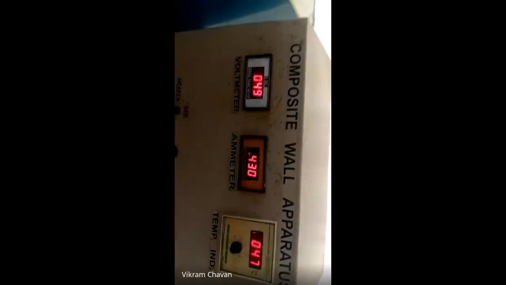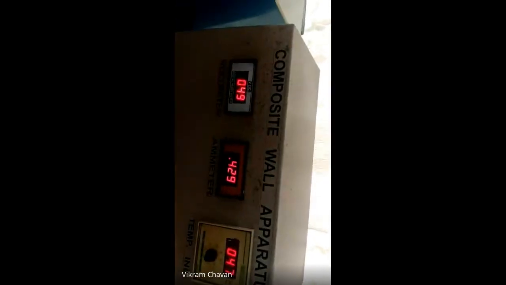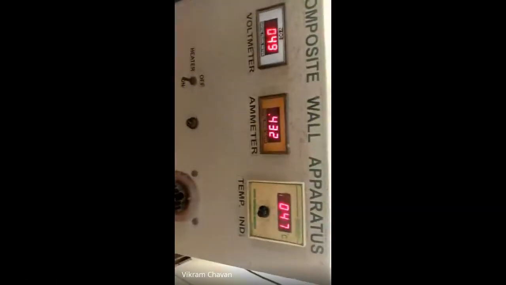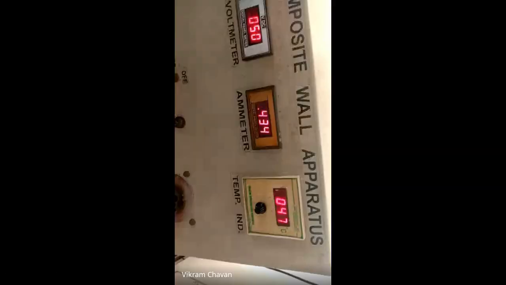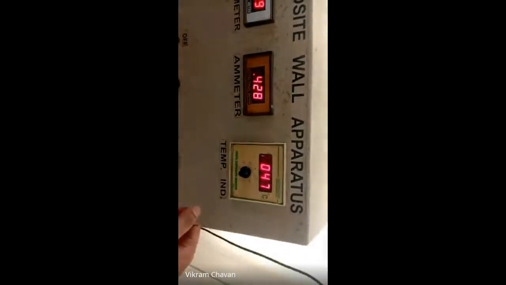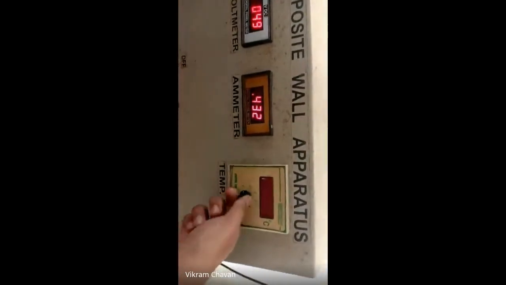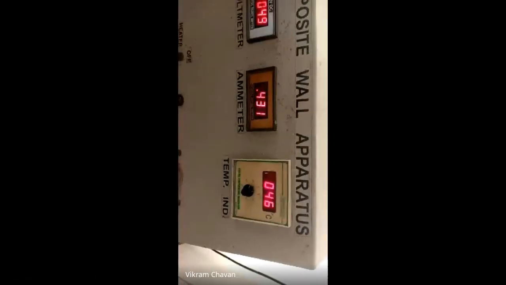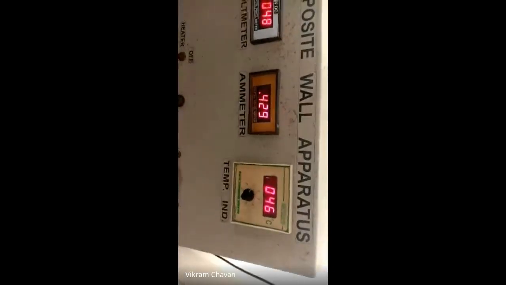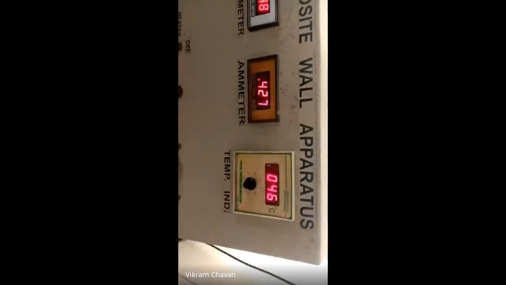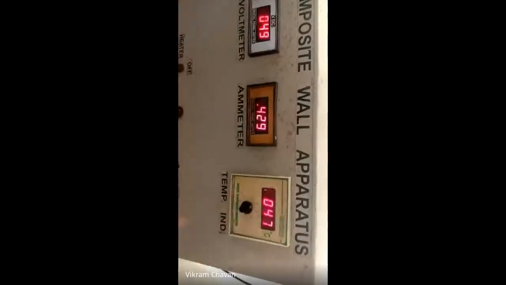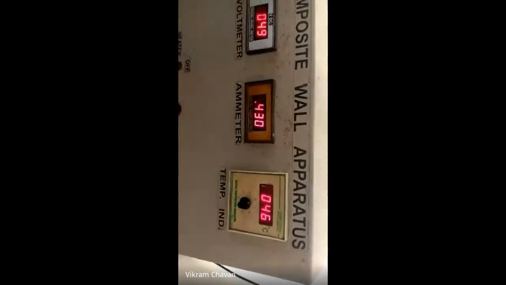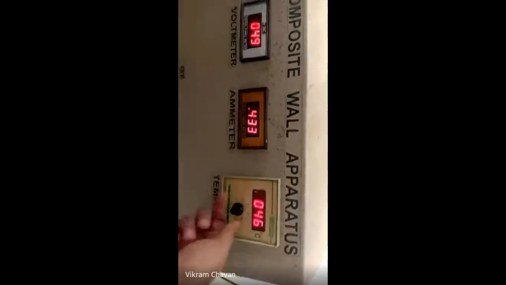Another reading. Take Sachin, T1 as 47. T2 also 47, take 47 only. Then T3 46. T4 46, same.